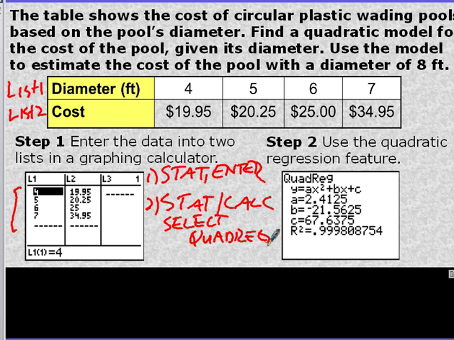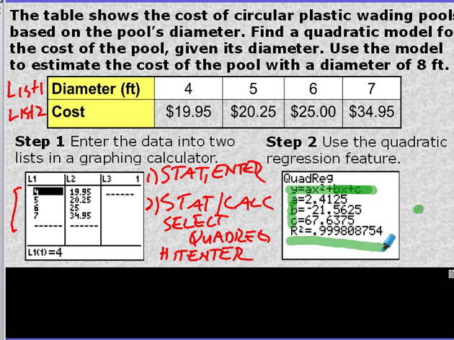And as long as you have things in list 1 and 2, you hit enter, and it's going to do a quadratic regression. Notice this is our quadratic equation in standard form right here. And it gives us the A, B, and C to plug into that equation to create our model.